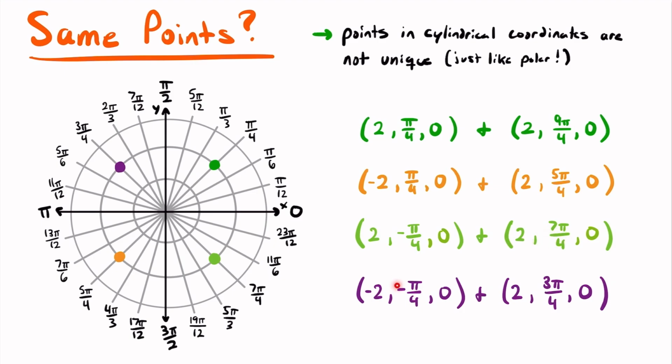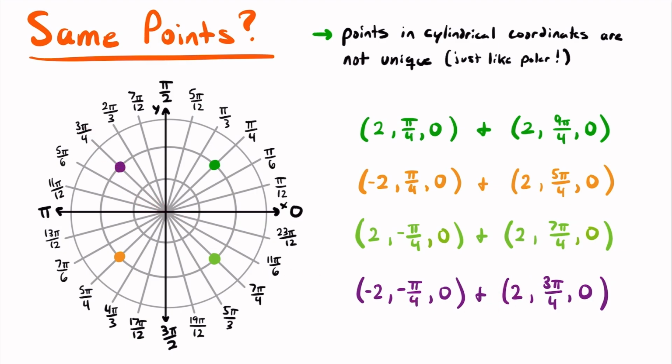All right, and then finally, with these coordinates down here, that would be this point right here, both the radius and the angle are negative, so we would be at that angle of negative pi divided by 4, or 7 pi divided by 4, but the radius is negative 2, so we would reflect to the other side to get to that point, but we could also represent that by just using that angle of 3 pi divided by 4, and then a positive radius of 2.